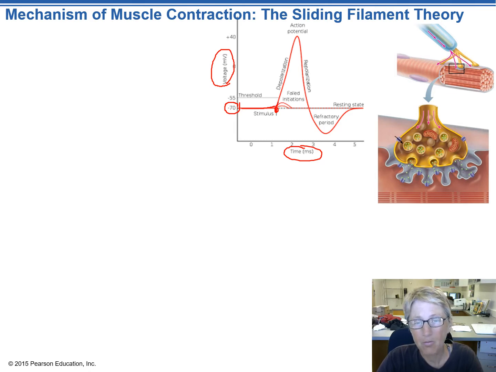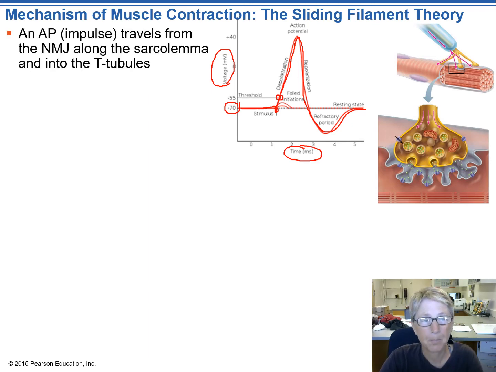If enough sodium gets in to reach threshold potential at -55, then the voltage-gated sodium channels open. You get depolarization of the plasma membrane, repolarization, and back to the resting state. That's an action potential.